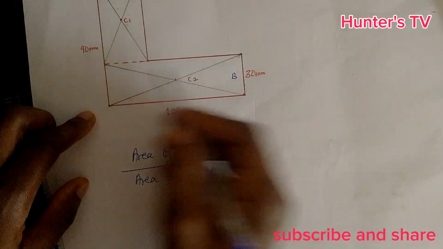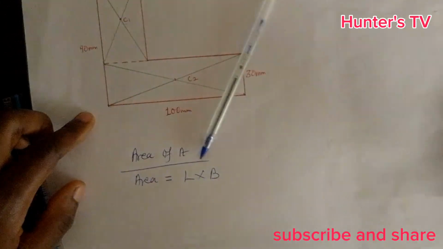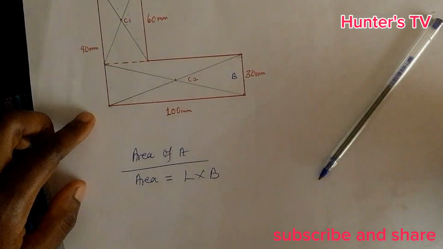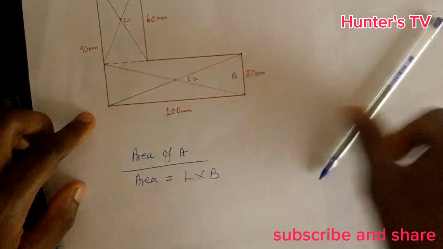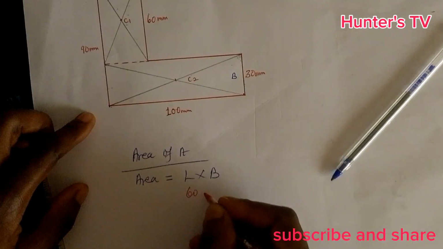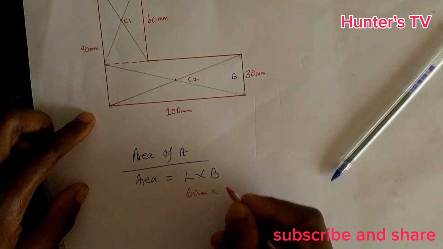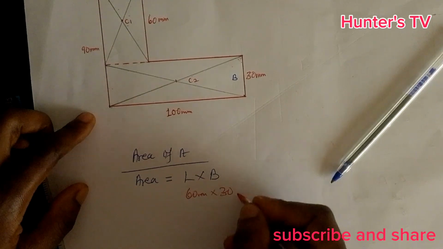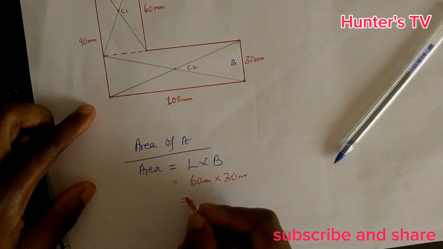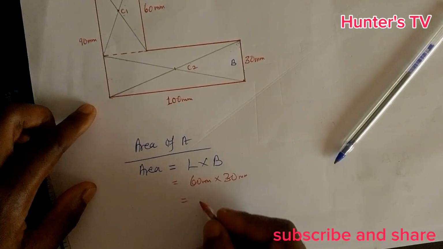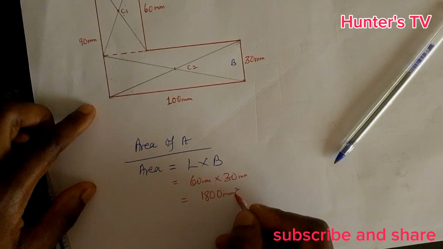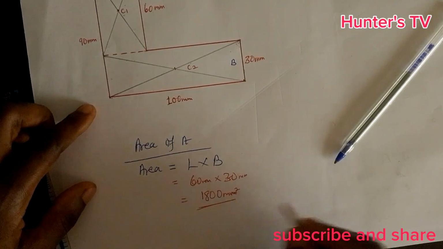So 90 minus 30, which means the distance here is 60 millimeters. So it's 60 millimeters by 30 millimeters, and the area will give you 1800 square millimeters.